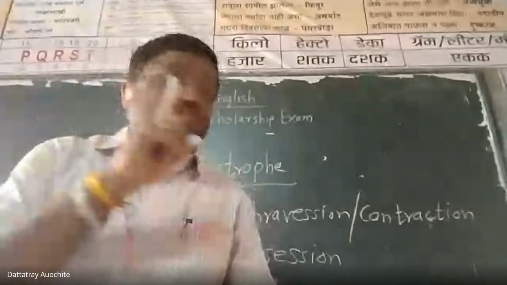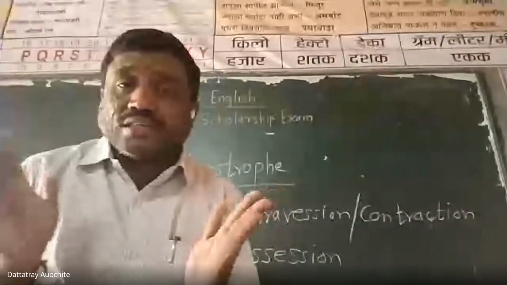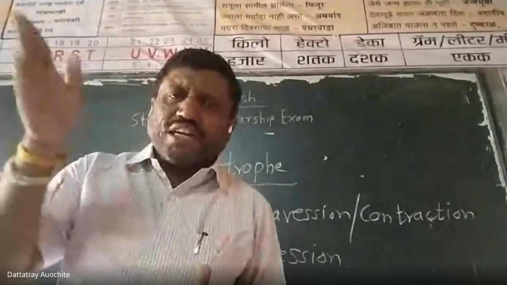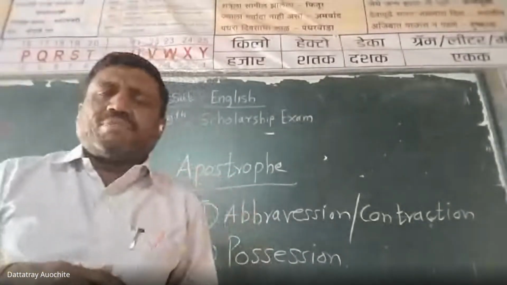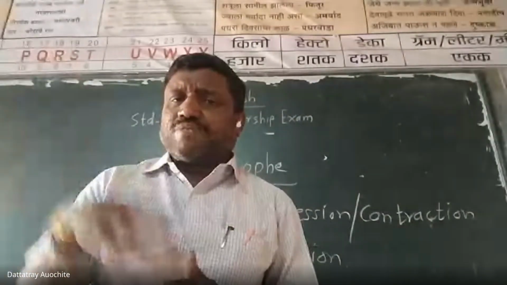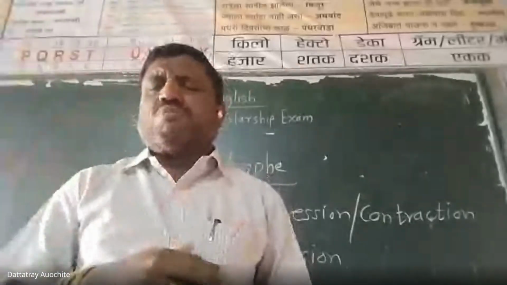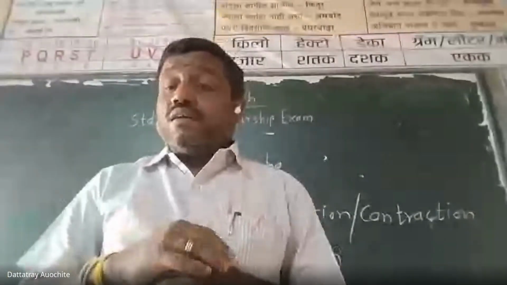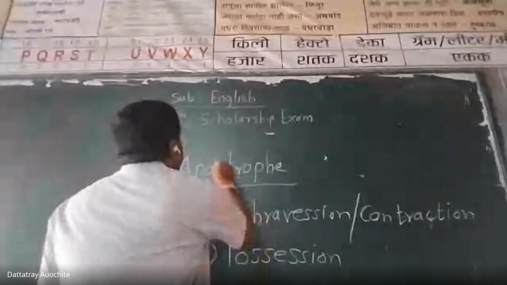One is contraction or abbreviation, which means some words or letters are omitted from the writing. Whenever such a case occurs, some words are clipped, some letters are omitted, then we should add an apostrophe. For example, look at "it is".